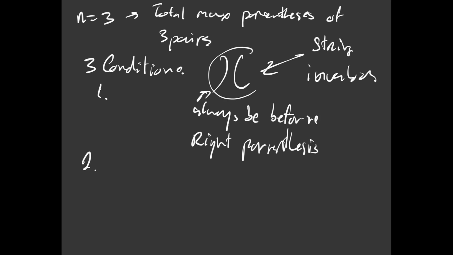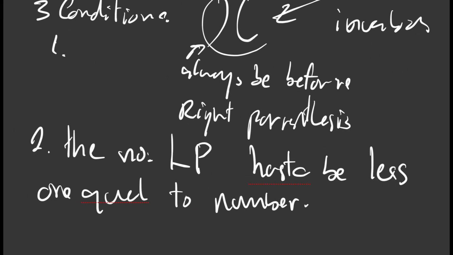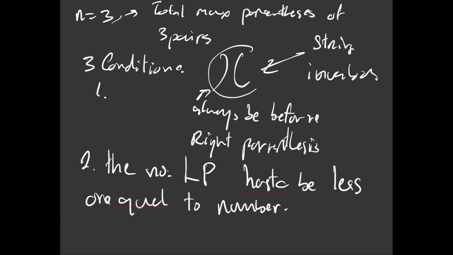And rule number two is that the number of left parentheses has to be less than or equal to n, right? So this is logical because if n is given, the number of left parentheses has to be less than or equal to 3, right?